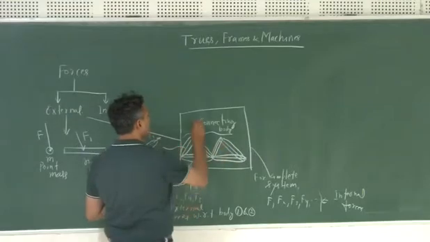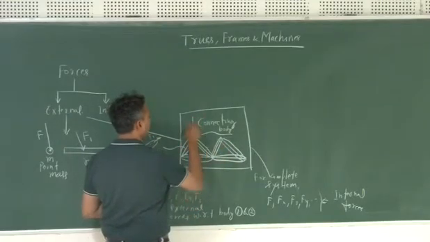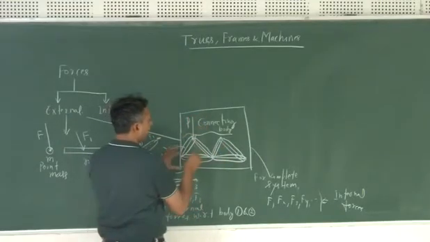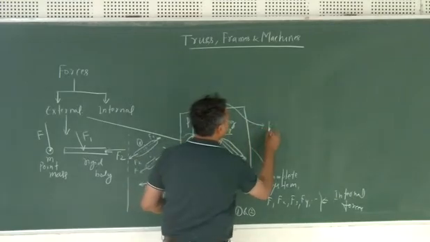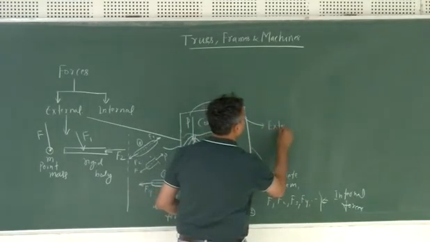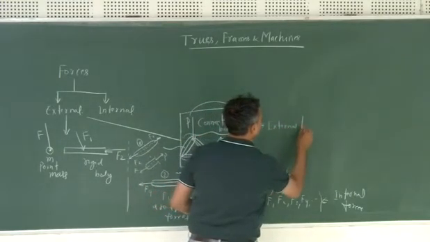Similarly, for connecting members, F1, F2, F3, F4 are all your internal forces, however P is called the external force.